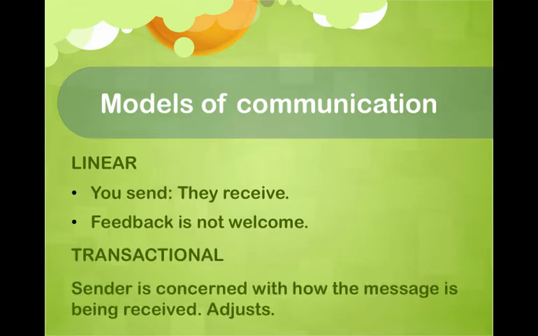Transactional means the sender is looking for feedback, so we look for signs of whether our message is getting through, a look of confusion or nodding in agreement. We might elaborate or change our message if it appears we're not getting through. We might consider who we are talking to and what they might be thinking. If you're talking about illegal immigration, if that person is from a different ethnic background, you might consider that they might know some illegal immigrants.